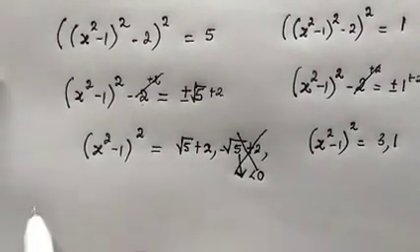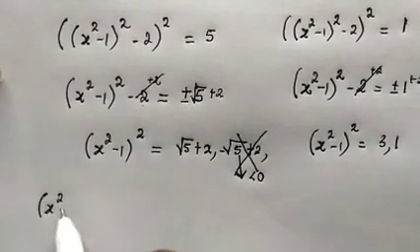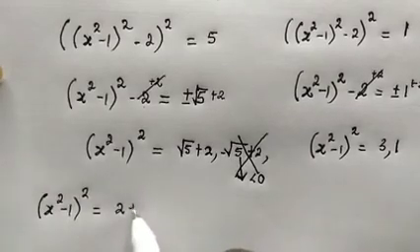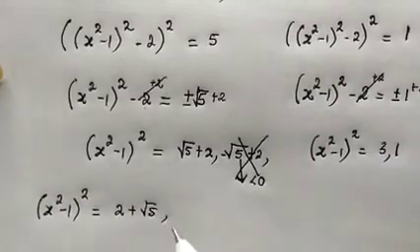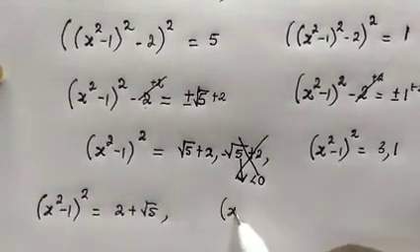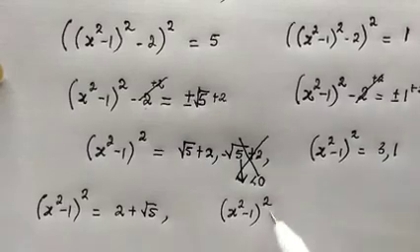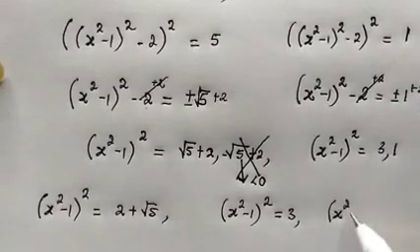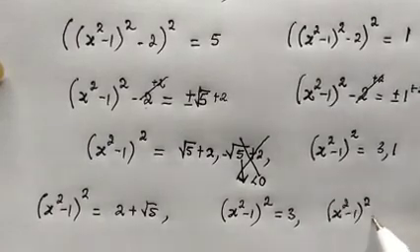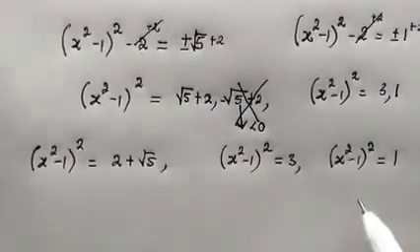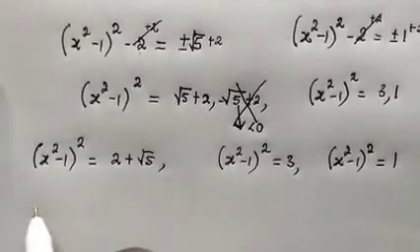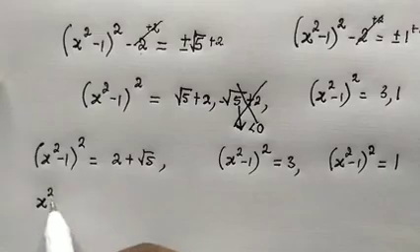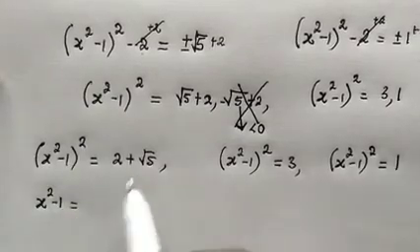So therefore, we have the following equations. (x squared minus 1) whole squared is equal to 2 plus root of 5. From this side, we have (x squared minus 1) whole squared is equal to 3. And we also have (x squared minus 1) whole squared is equal to 1. Again, take the square root on each side. So x squared minus 1 is equal to plus or minus the square root of this.